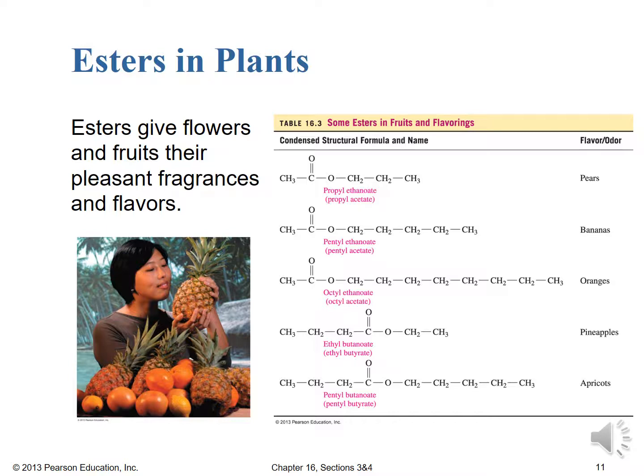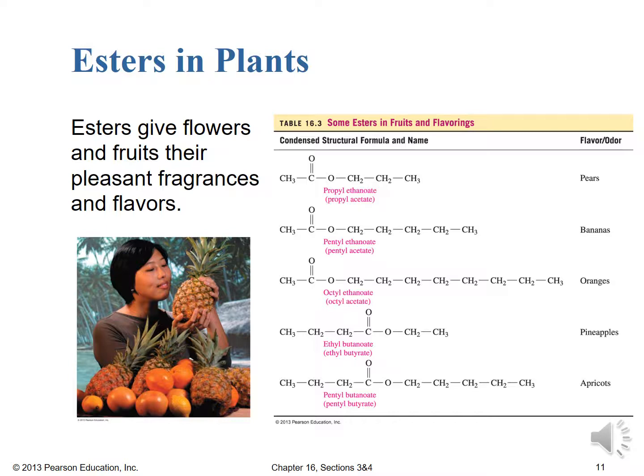If we cut it back down, and this time we have a longer carboxylic acid and a small alcohol, we have ethyl butanoate or ethyl butyrate. That's pineapple odor and flavor. And then finally, the last one on our slide here, we have a 4-carbon carboxylic acid and a 5-carbon alcohol.